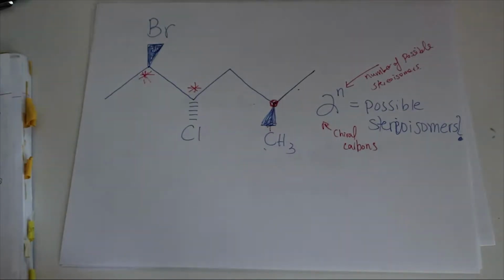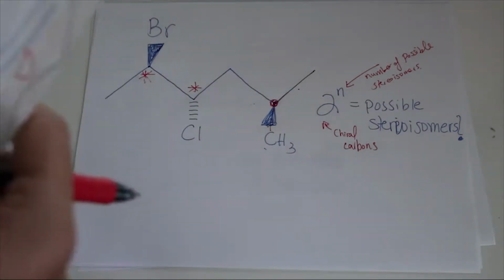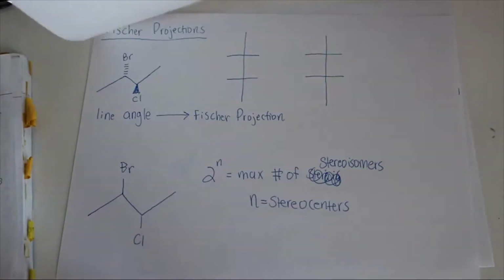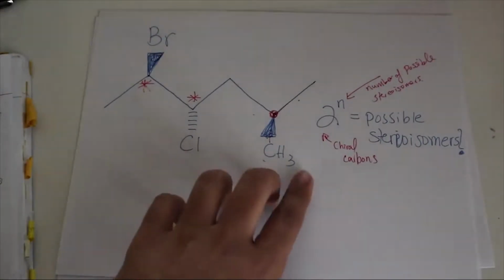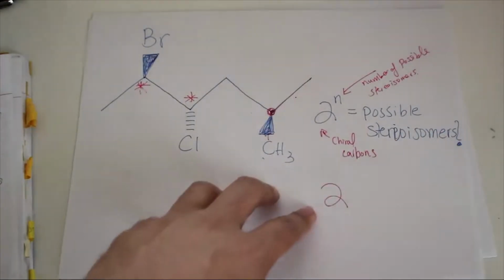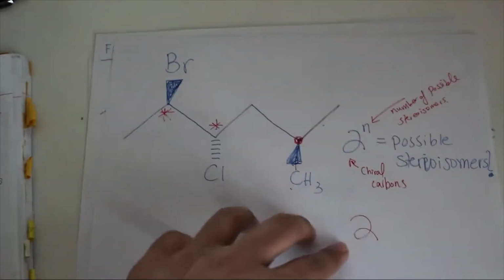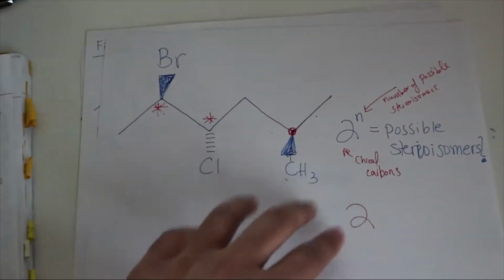carbons, which we have, which is 2, and then the number of stereocenters. Two's a constant. 2 is always there.